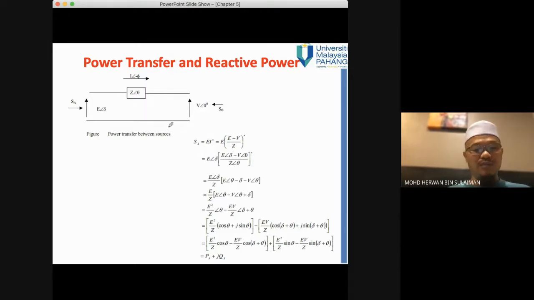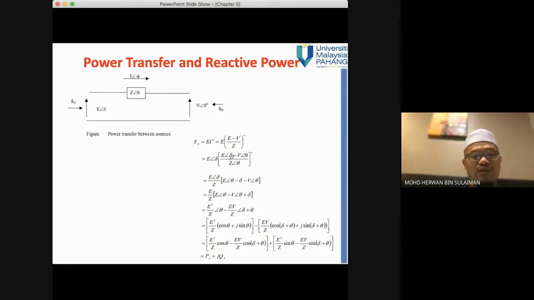So from here, basically a similar derivation can be used. So SA equals E I conjugate. We substitute I conjugate, which is the same as the earlier equation, E minus V divided by Z, to get your current, and your current is conjugated. Because for E we have the reference angle, and for Z we have theta.